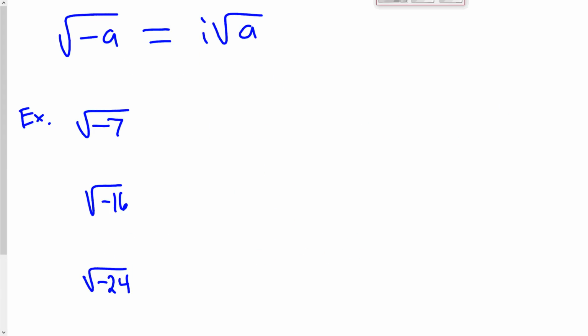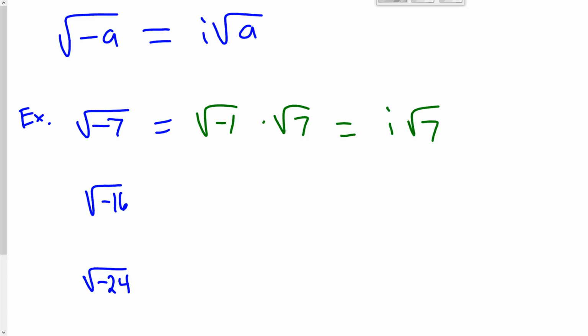Okay, so we can look at some examples. I have square root of -7 is equal to i square root of 7, because we could separate it into the square root of -1 times the square root of 7. And square root of -1 is equal to i, so I have i square root of 7.